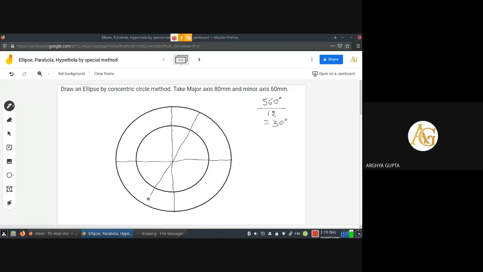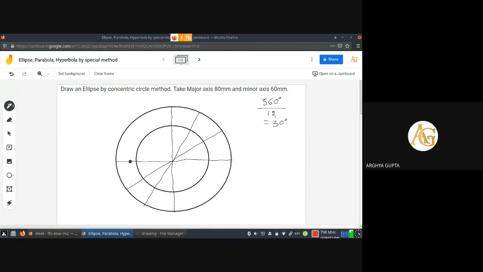So this inclination is 30 degrees. Again with this line we draw another 30 degree inclined line. So this angle is 30 degrees, this is 30, this is 30.